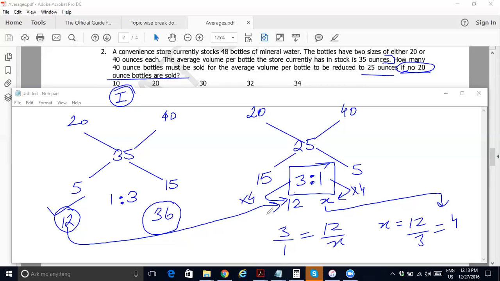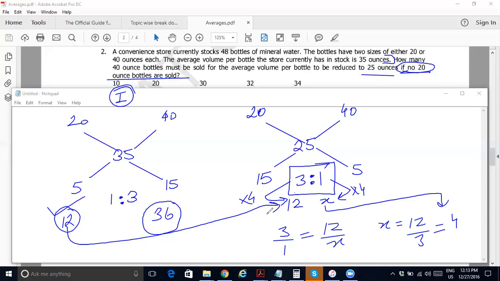We started with 12. So if we are selling only 40 ounces and not selling any 20-ounce bottles, the final number should also be 12.